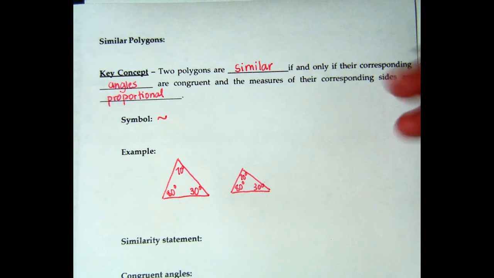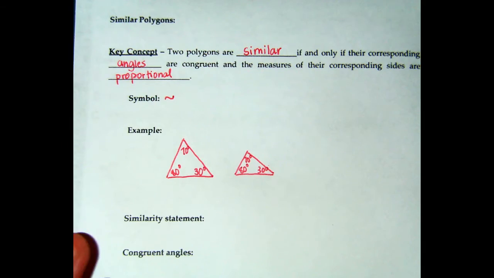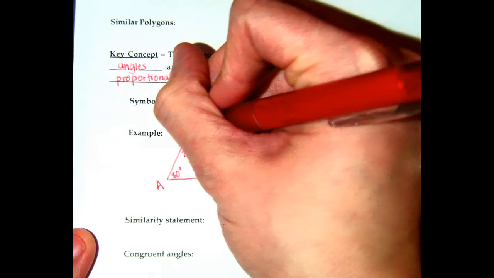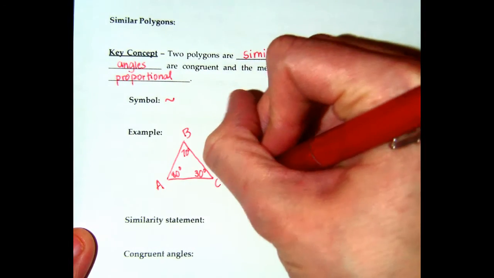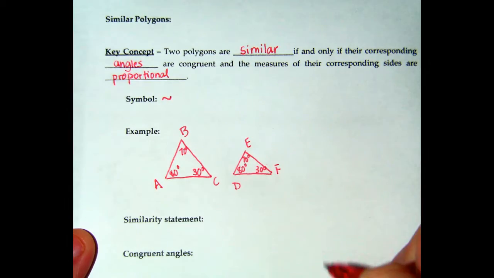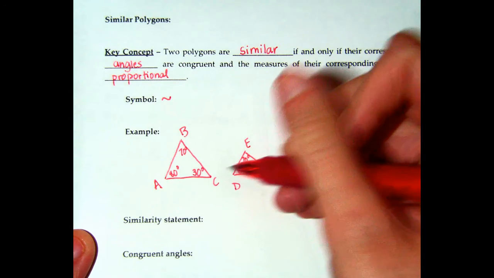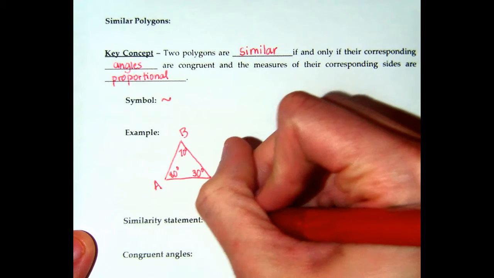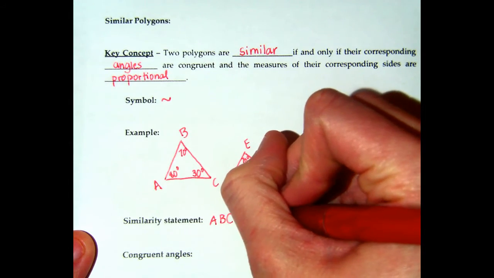Okay. Then we have a similarity statement. Let's name this first: A, B, C, D, E, F. So for our similarity statement, we're going to look at the measures of our angles here. We go 80, ABC.